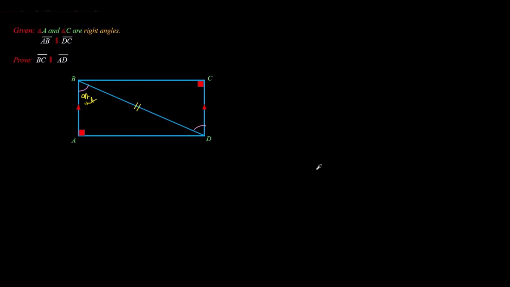And once we have those triangles congruent, then we can say that those two angles are congruent because corresponding parts of congruent triangles are congruent. And when those two angles are congruent, then we can prove that the segments BC and AD are parallel because of alternate interior angles.